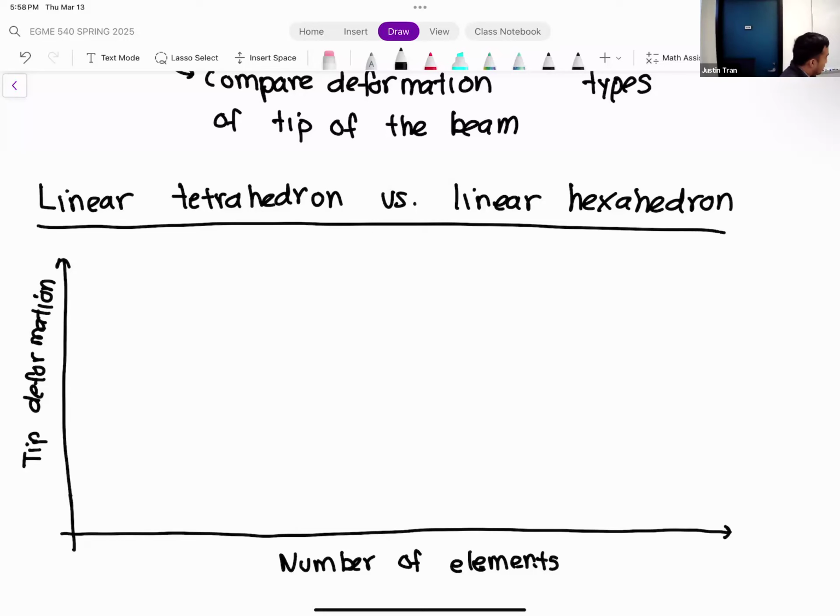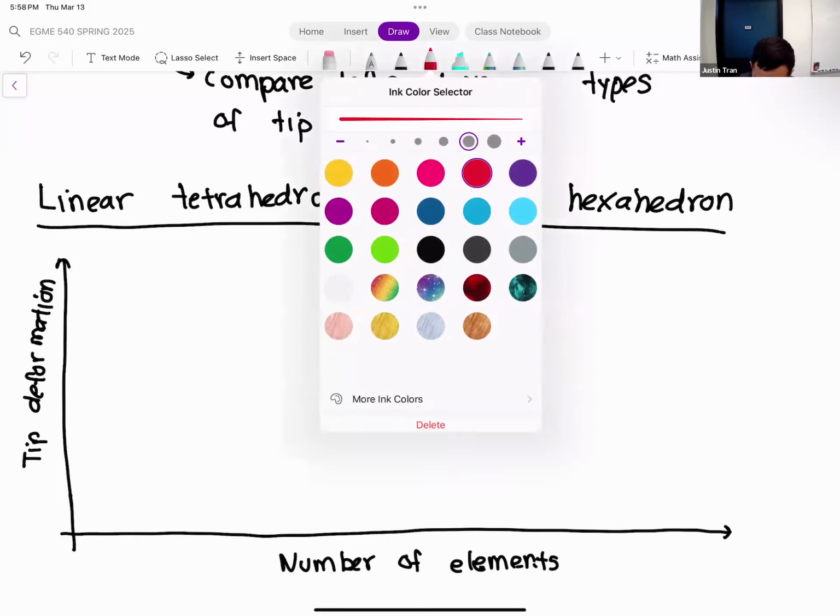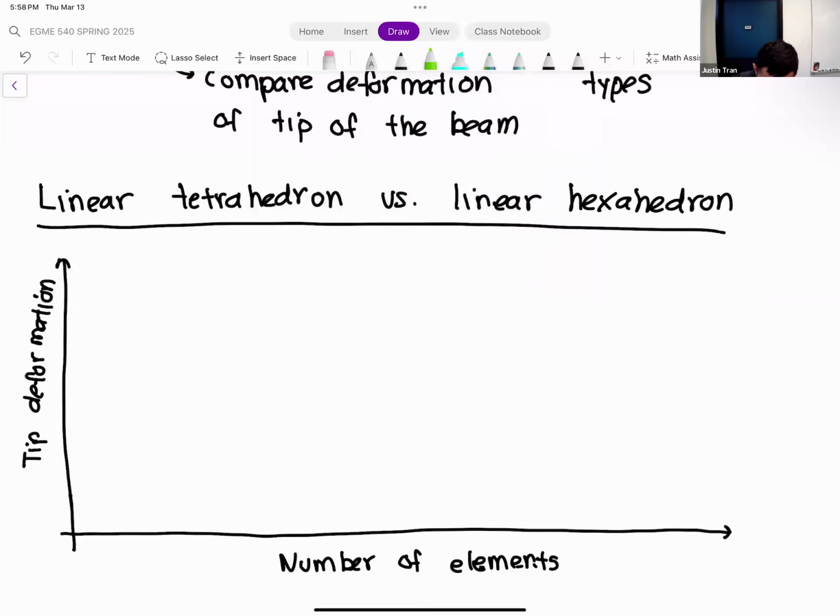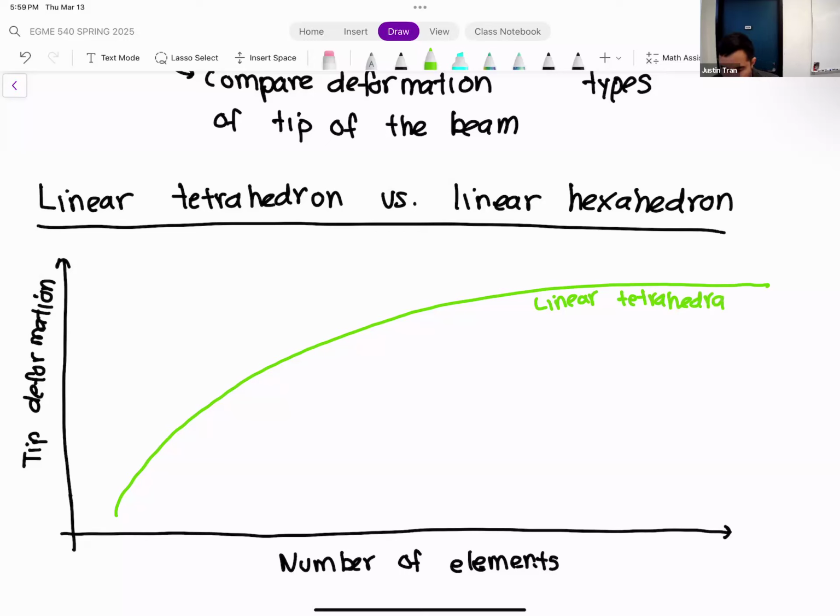Let's plot out the convergence graph for the linear tetrahedron first. Okay, so the linear tetrahedron, let me use green for that. The convergence graph looks like the following. So a pretty standard looking convergence graph here. It starts off low, and then as we refine the mesh, it gets higher.